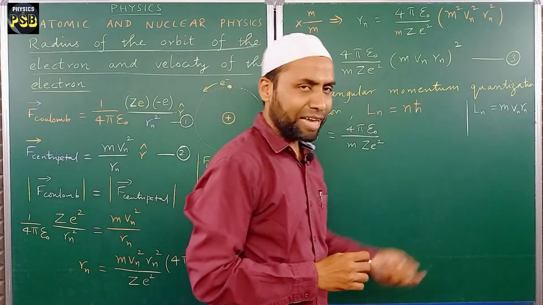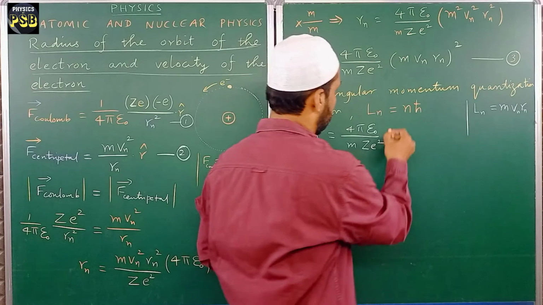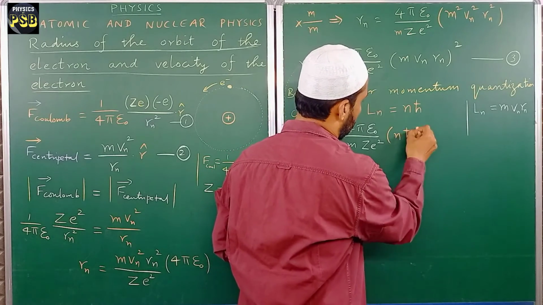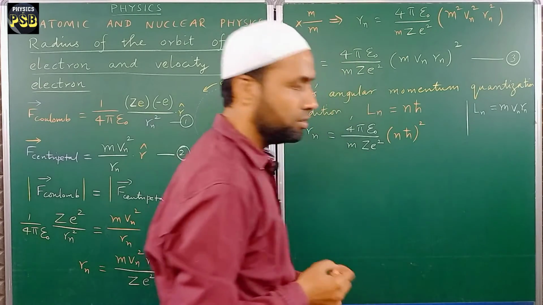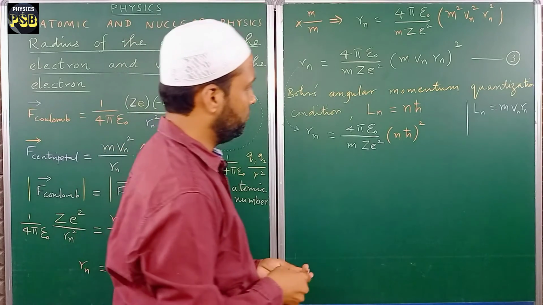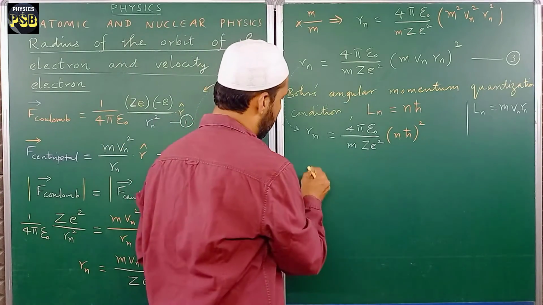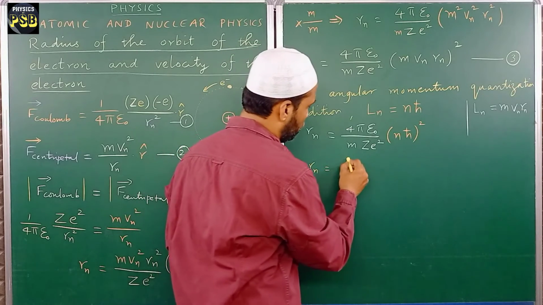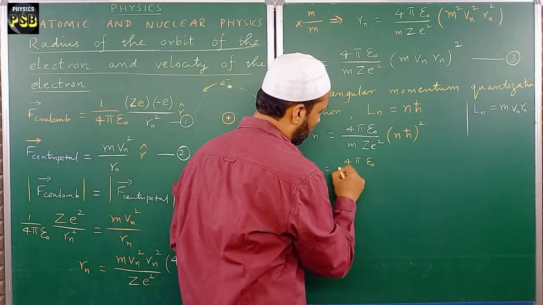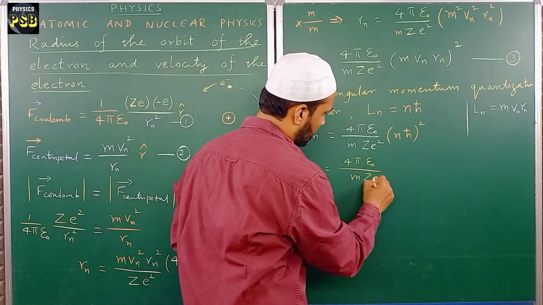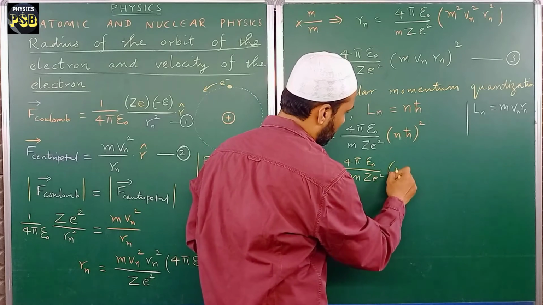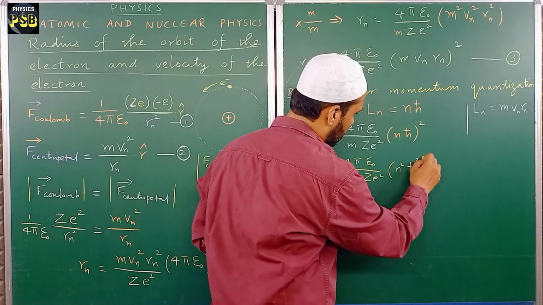In the place of this, I write this n h cross whole square. This can be expanded as Rn equals to 4 pi epsilon naught upon m Ze square times n square h bar square.